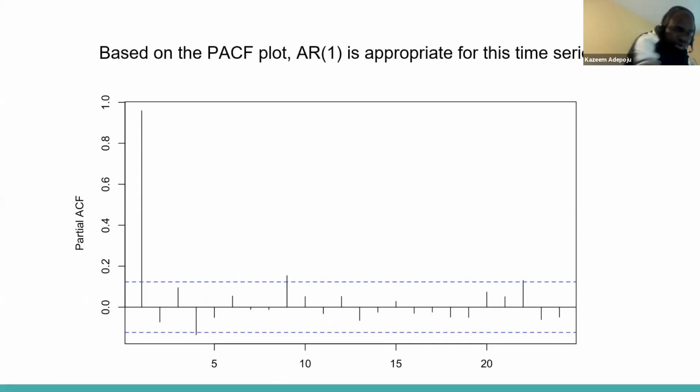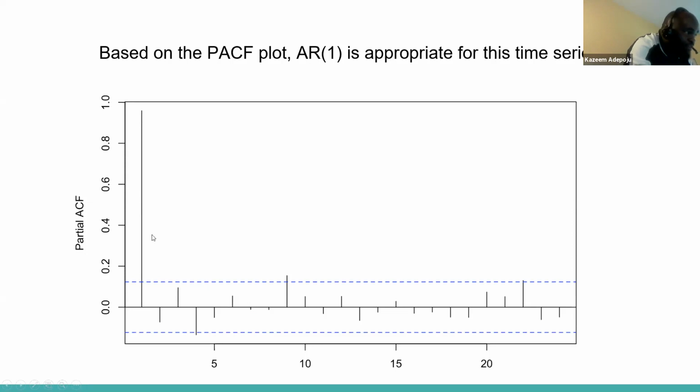But today for the data set, we want to have the partial ACF, which is the PACF. The partial ACF will also tell me whether the AR1 is appropriate or not. If you take a look at what I have right here, this cuts off after lag 1. Can you see that now?